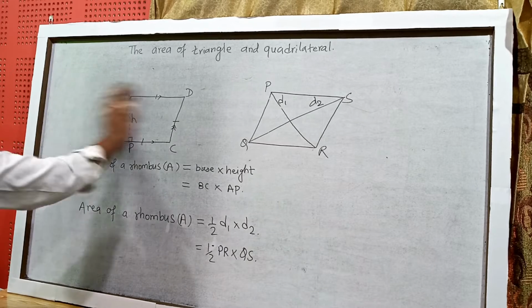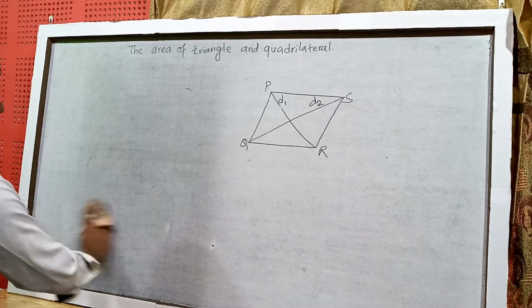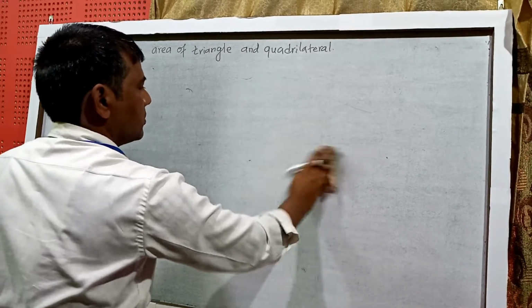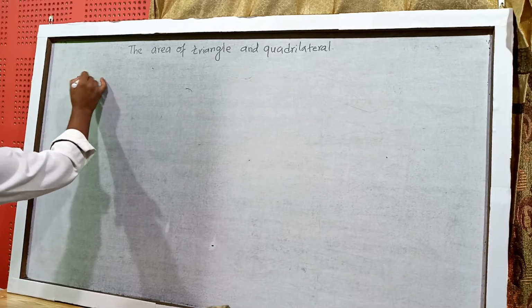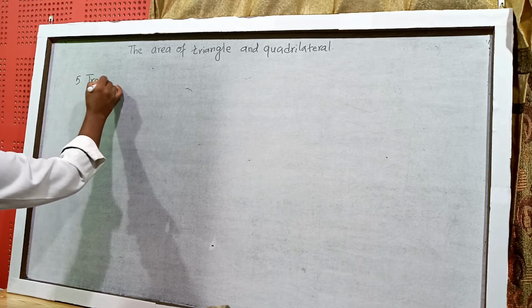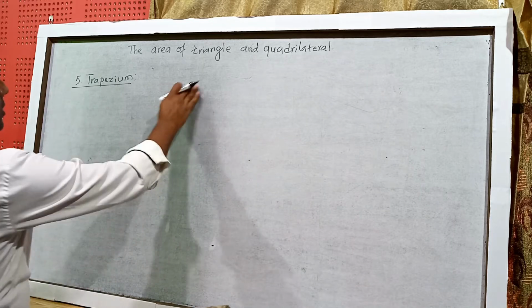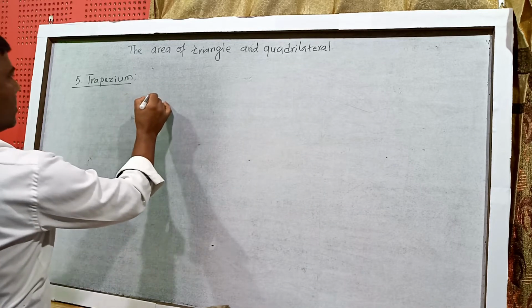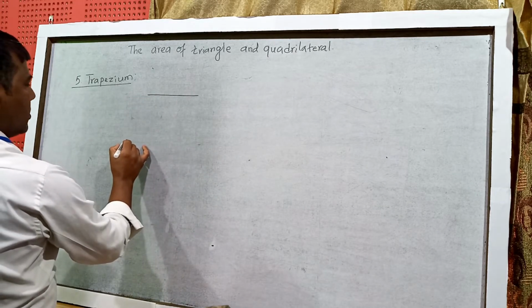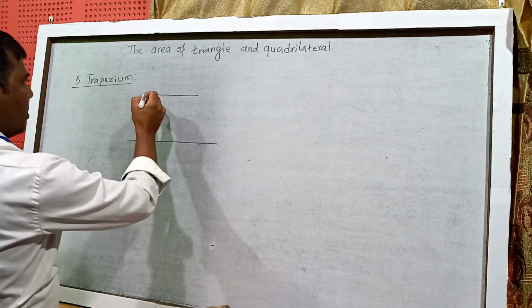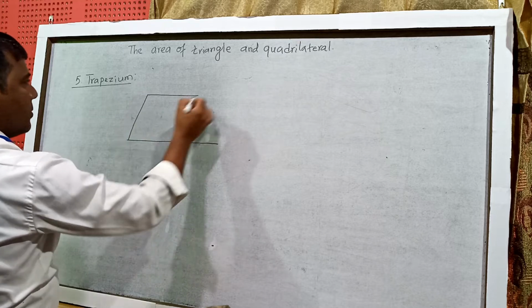Now next, number 5, trapezium. A trapezium is a quadrilateral in which one pair of opposite sides is parallel.